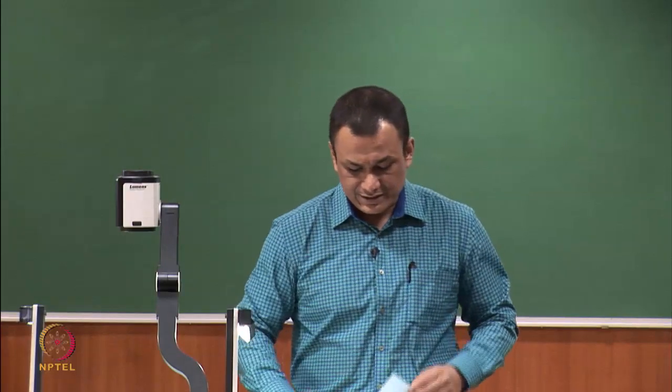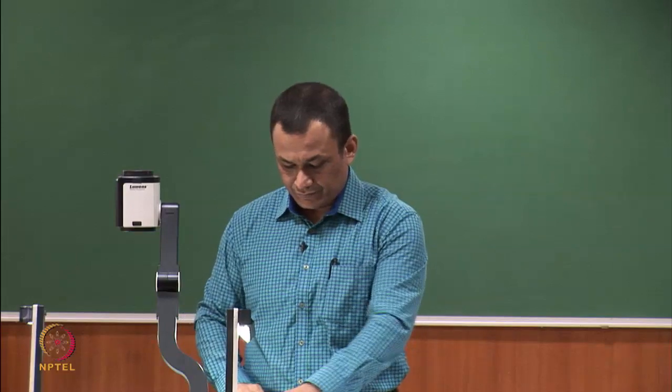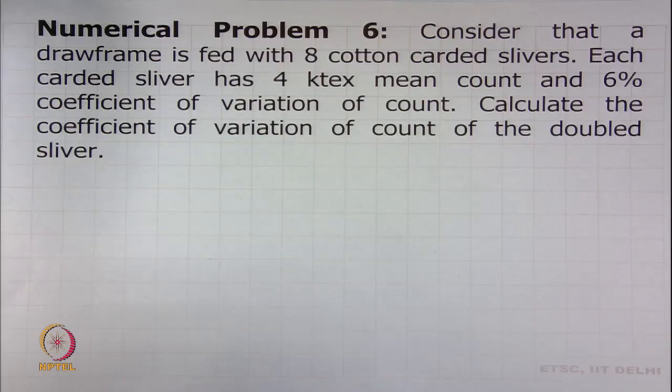Now, we proceed to problem number 6. Consider that a drawframe is fed with 8 cotton carded slivers. Each carded sliver has 4 kilotex mean count and 6% coefficient of variation of count.